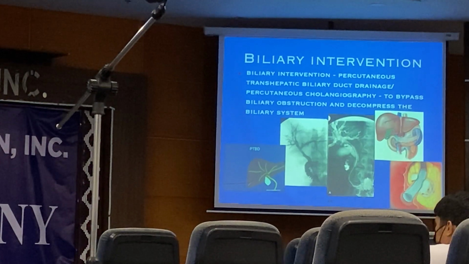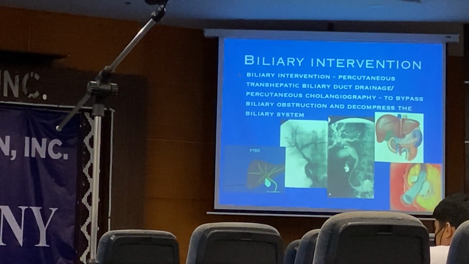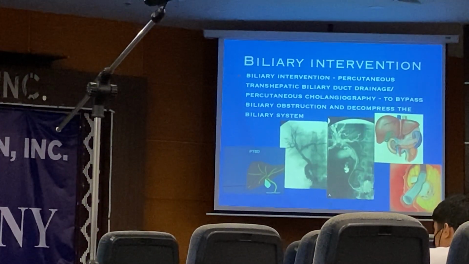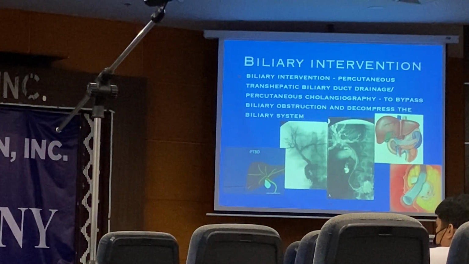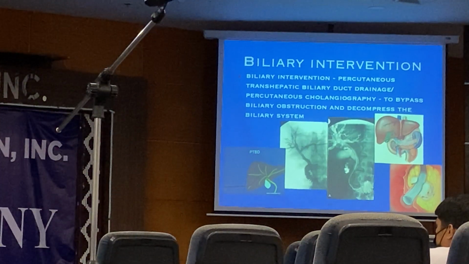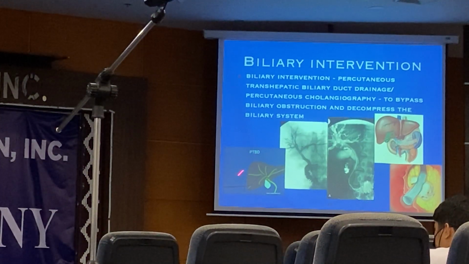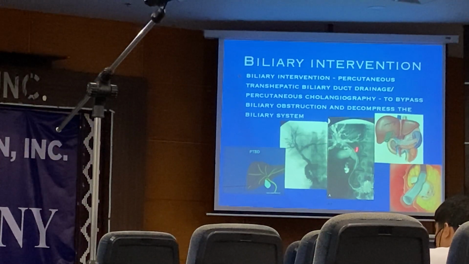Yeah, interventions, I mentioned already to you, a percutaneous cystostomy. Another intervention what we do is percutaneous transhepatic biliary drainage for patients who have pancreatic CA, where the patient cannot be operated on or has failed ERCP. What we do, we access the biliary ducts transhepatically and then put a drainage catheter.